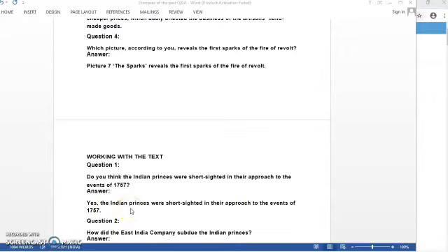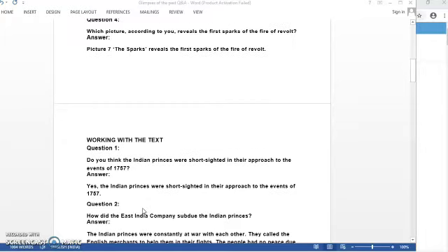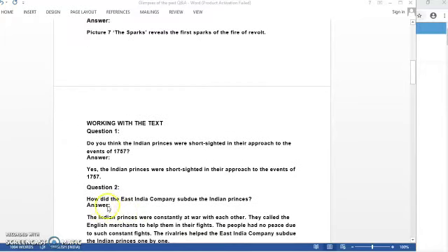Because they were fighting amongst themselves and they took the help of East India Company, and slowly East India Company took control of their kingdoms also and started ruling the entire country, and we became slaves under them.